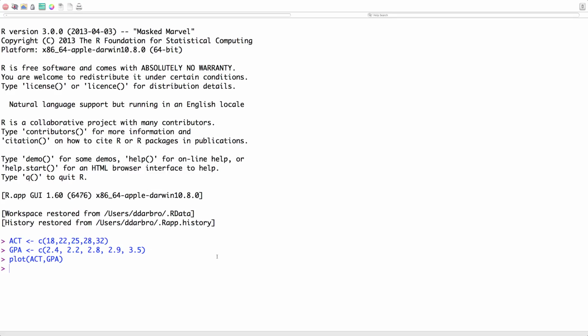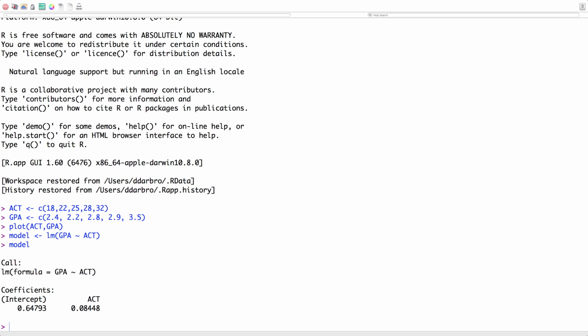So what I would want to do here is I would just probably create our model and do a linear model of GPA as a function of ACT.